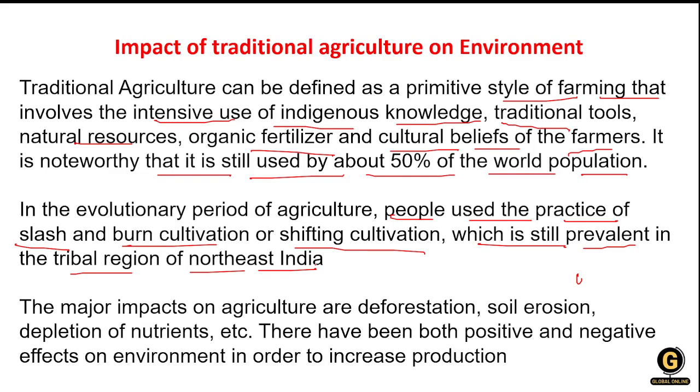Slash burn cultivation, these kinds of practices are happening even nowadays, and these are the primitive style of farming. But definitely, stubble burning or slash burning will impact the soil.